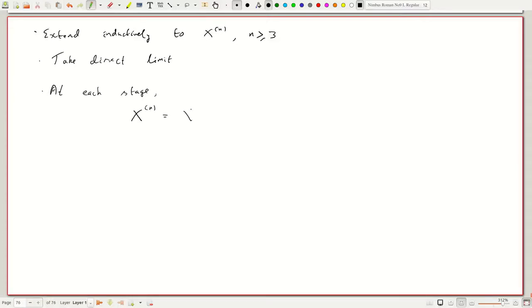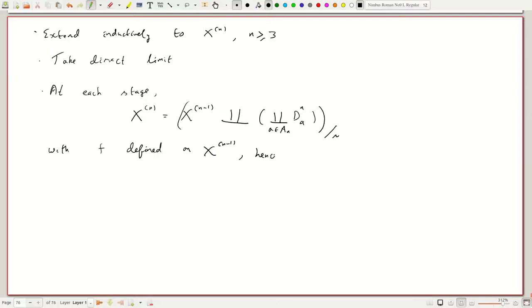Xn is going to be Xn minus 1 disjoint union of the disjoint union over alpha in An of Dn, which we can call Dn alpha, and we quotient it with f defined on Xn minus 1, and to be explicit this time, hence on the boundary of D alpha n by f composed with phi alpha.